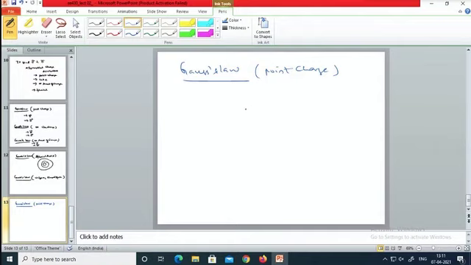We will have to prove that phi is equal to q, where q is the charge of the point charge. You just have to prove that phi is equal to q in the case of this point charge.